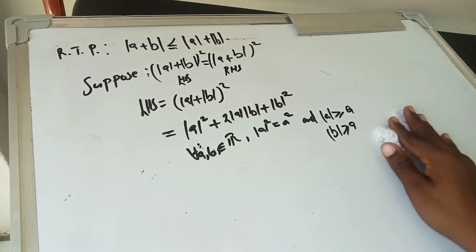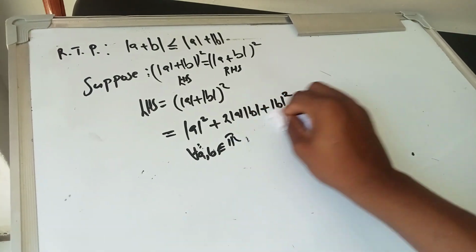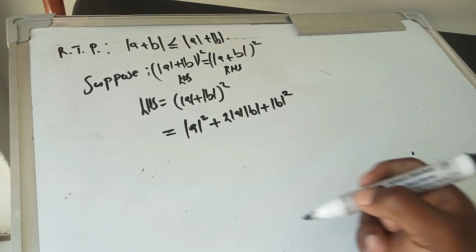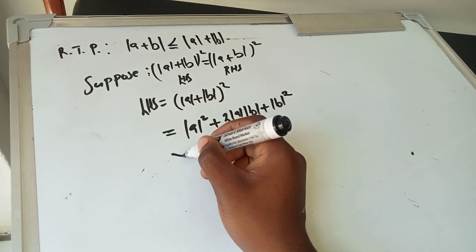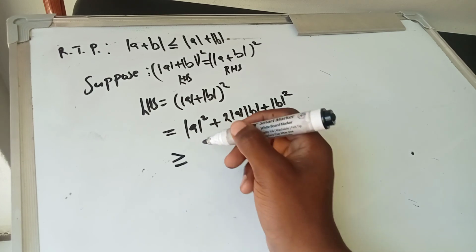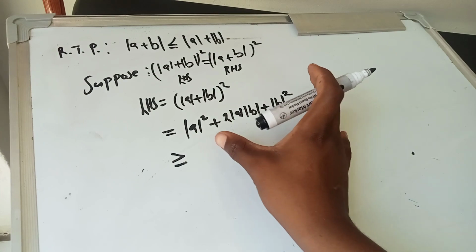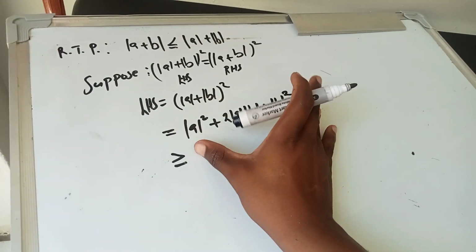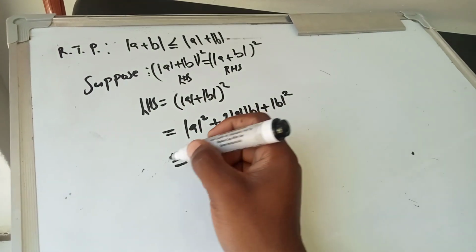Quickly, I just want to create some room. Because of these conditions, I can flip this, and if the left hand side is equal to this, I can take this and substitute it here.